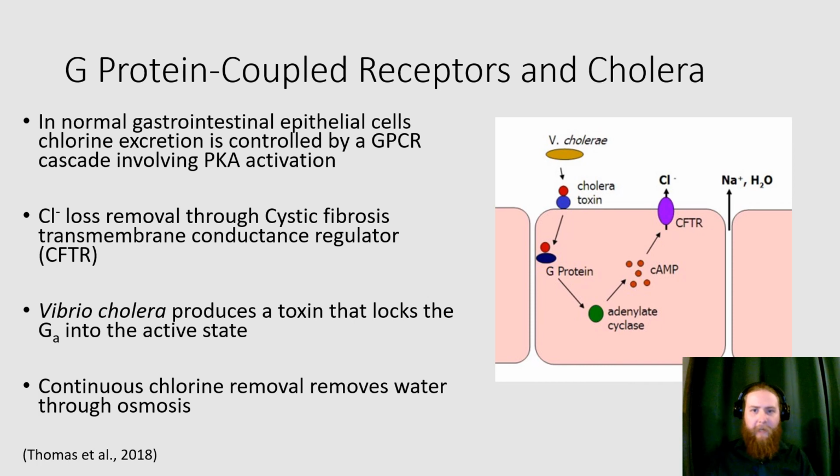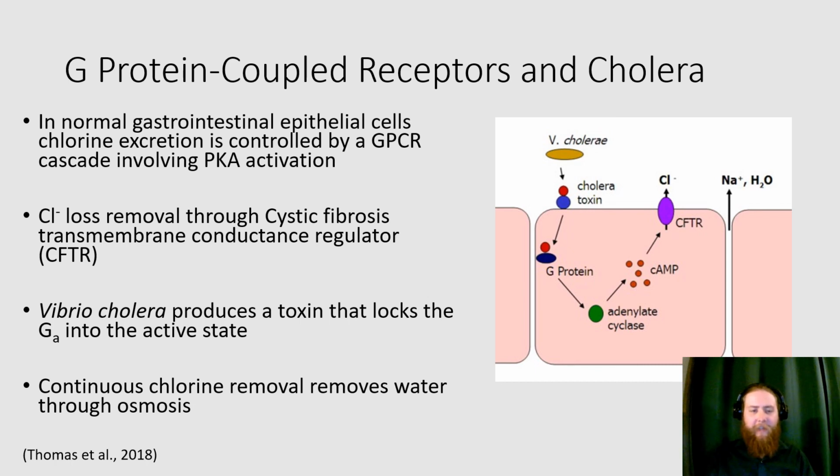As more and more chlorine and more salt are removed, that water is going to follow it. This is also why patients can't just drink a whole bunch of water to get over having cholera, because they're losing so much salt through losing both sodium and chlorine. Usually when we do treatment in these patients, they will have to have saline fluid as well. So you can't just orally take water to get over cholera.